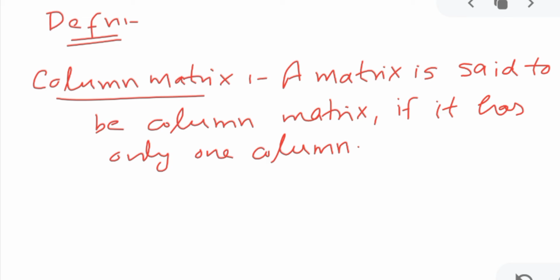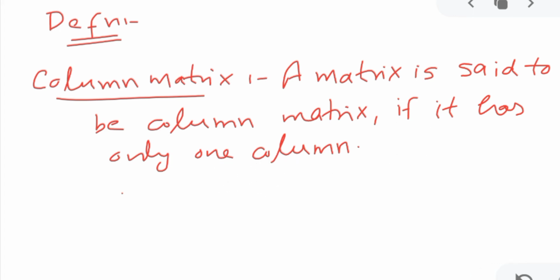If you cover all these videos, you can easily score 70% marks in mathematics, because I'm selecting questions from different previous years' question papers and model question papers, analyzing them, and then setting the questions throughout all the syllabus. So a matrix is said to be a column matrix if it has only 1 column.